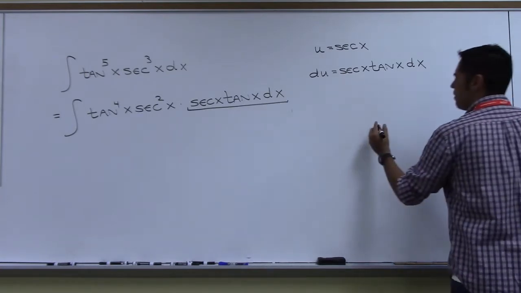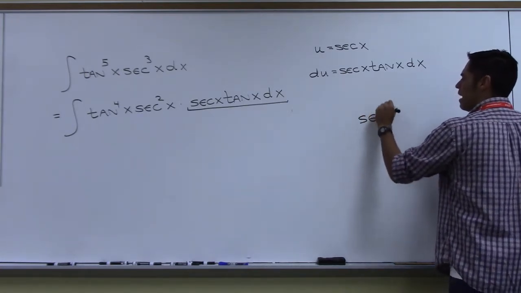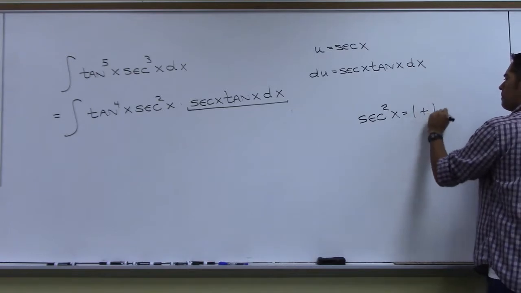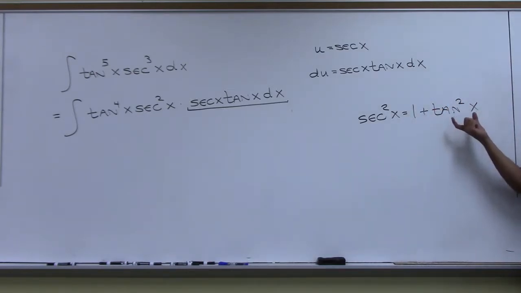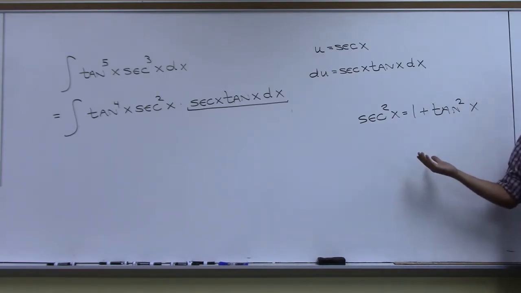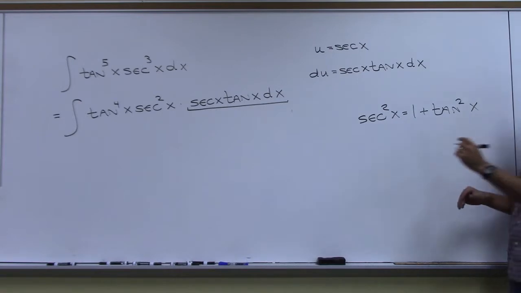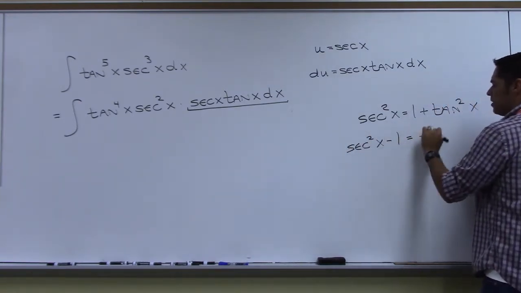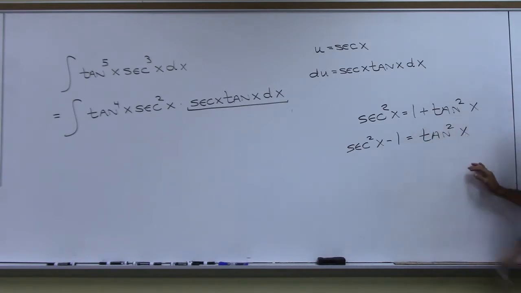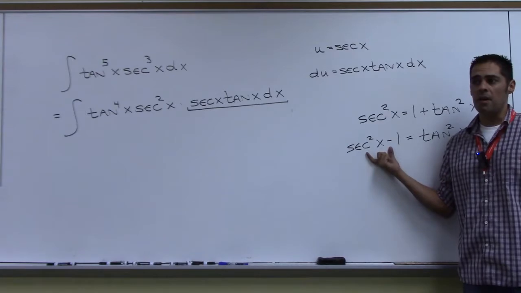Yeah, so remember that Pythagorean identity that I had up here a second ago? That's what we used in the previous method, right? But if you keep tangent squared here and you move the 1 over, it's a different identity, right? It's the same equation, just looks different. So that means anywhere you ever see a tangent squared, you can replace it with secant squared minus 1.